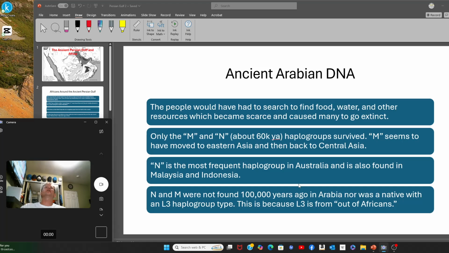So L3 is around the Sudan area, Khartoum, in that area, and they're the ones who left out of Africa and evolved into N and M. So they haven't found any native L3s out of Africa.